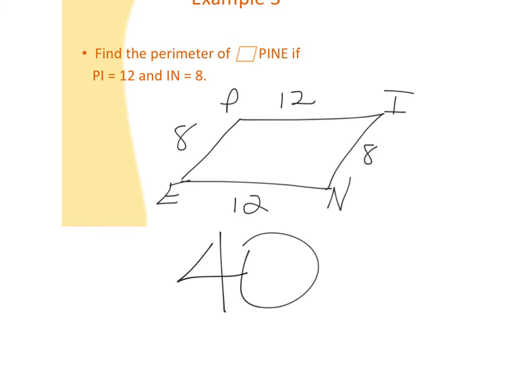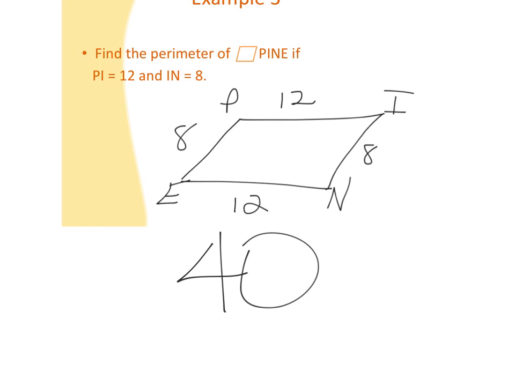Everybody good? Okay, so you need to memorize all of these properties or theorems of a parallelogram. Know that in order to make a quadrilateral turn into a parallelogram, you need two pairs of parallel sides. Once it's a parallelogram, those opposite sides are congruent, opposite angles are congruent, consecutive angles are supplements, and diagonals bisect each other.